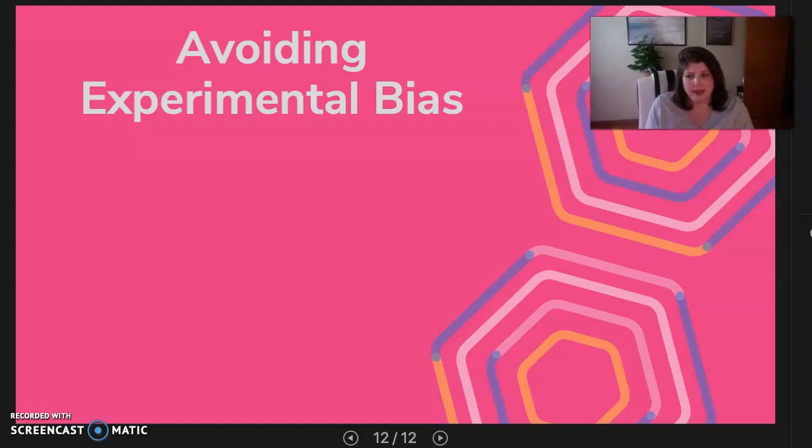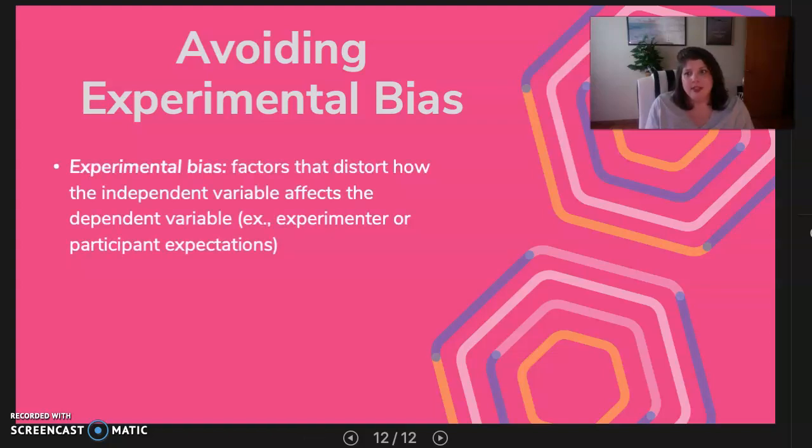And then lastly, avoiding experimental bias. This is where you don't want the participants to know your preferred outcome of the hypothesis. So if you're coming in to take a survey about whether you think animals are great or not, and I'm giving out the survey and I have a shirt with cats and dogs on it, they're probably going to put two and two together, right?